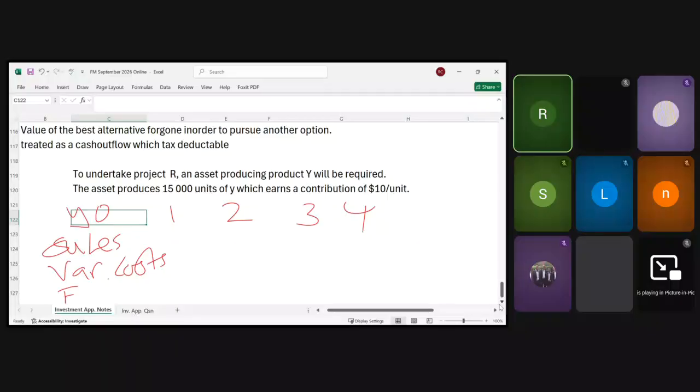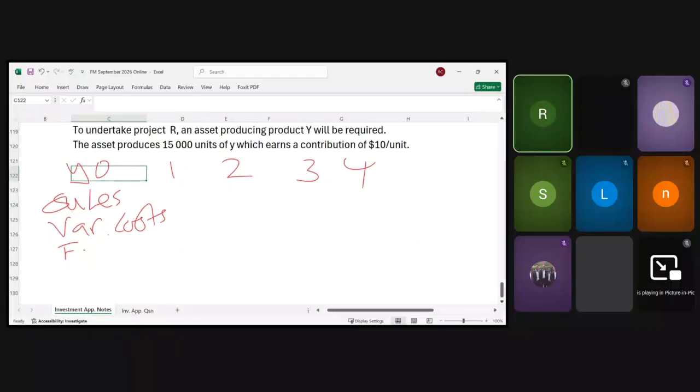After that, you then need to include opportunity cost before taxation.